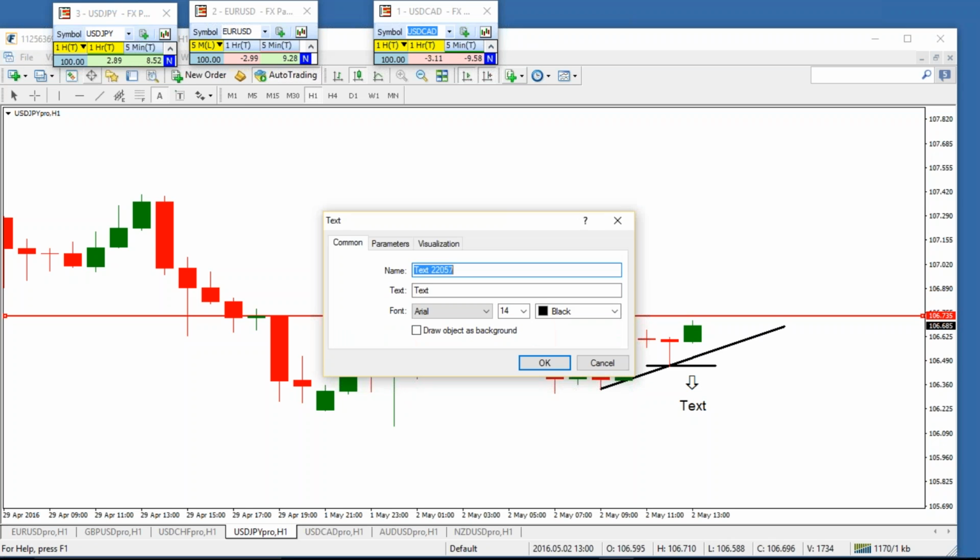I wouldn't take it as a 1 to 1.5 risk reward, but I would certainly take it as a potential for reversal.